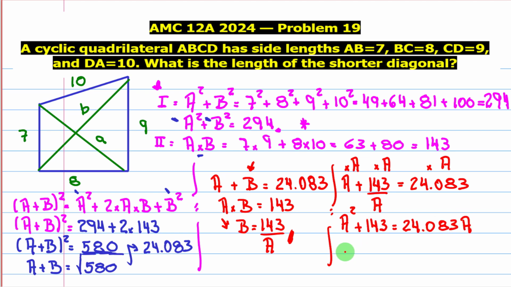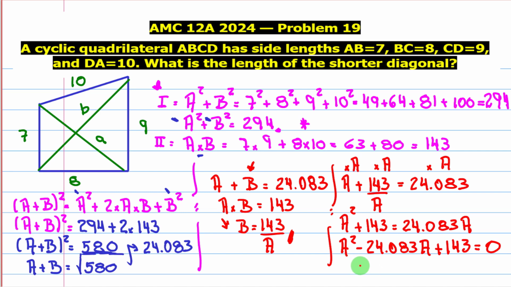And finally, A squared minus 24.083A plus 143 is equal to 0.